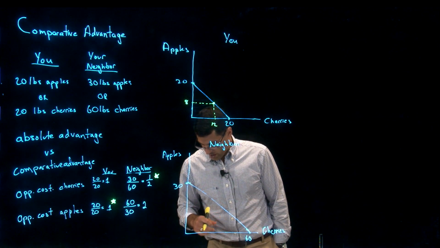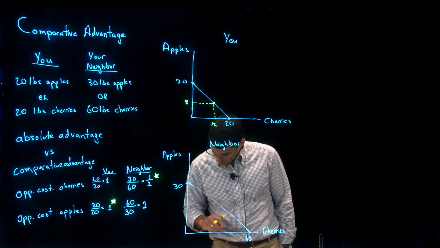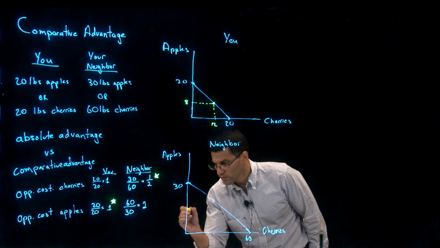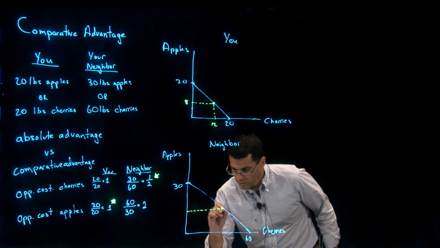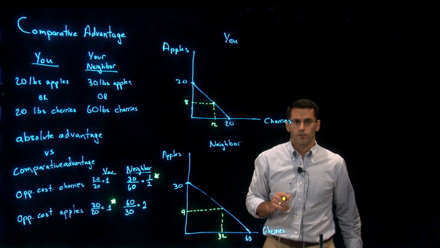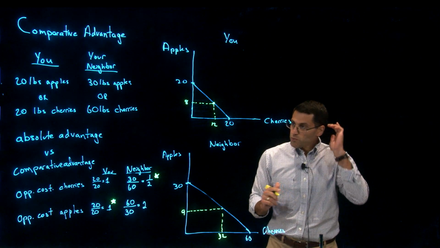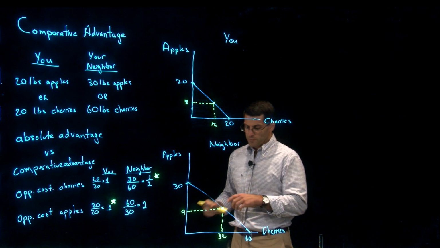Your neighbor, on the other hand, is going to decide to pick 9 pounds of apples and 32 pounds of cherries. Right? So this is what you both have, right? This is your production and your consumption without trade.